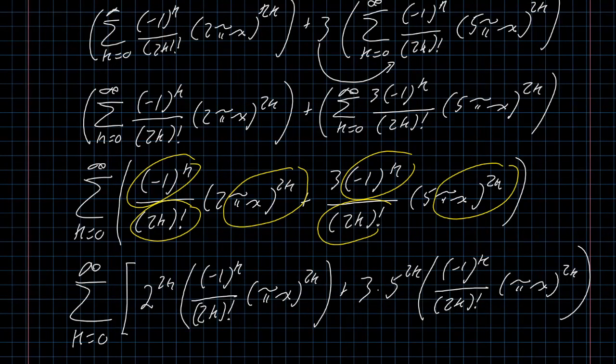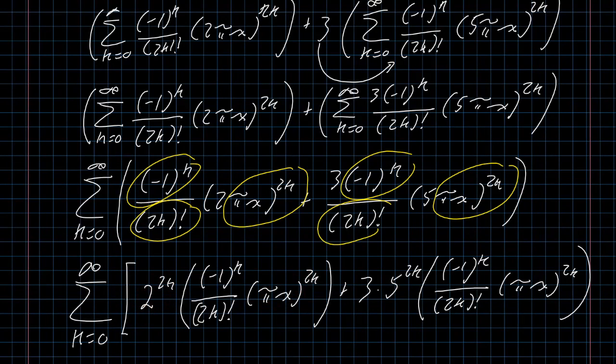Using properties of exponents, 2 pi x all to the 2k power, I can think of separately as 2 to the 2k power times pi x to the 2k power. And then I can use the commutative and associative properties of multiplication to get that 2 to the 2k power out of the way.